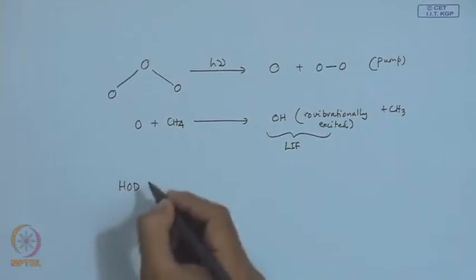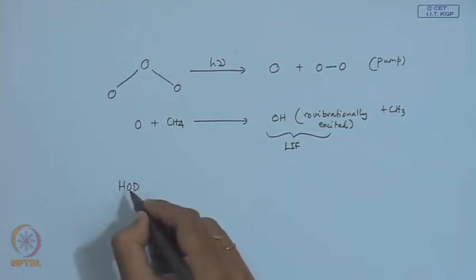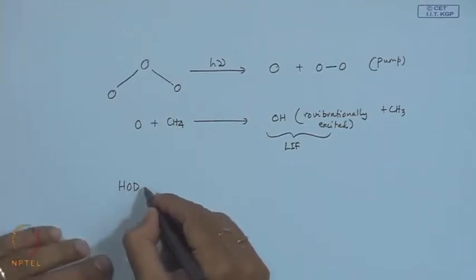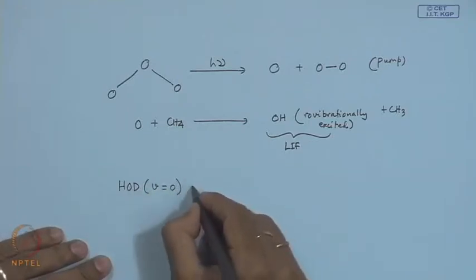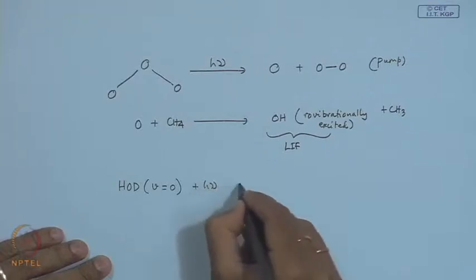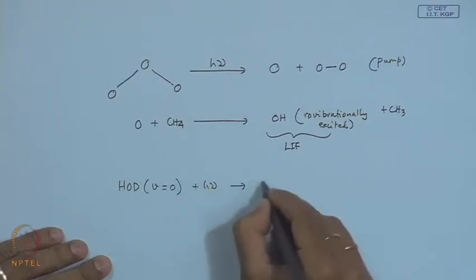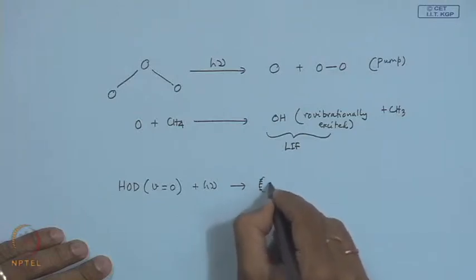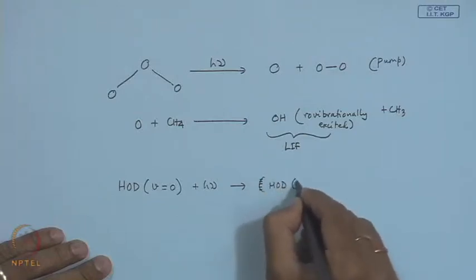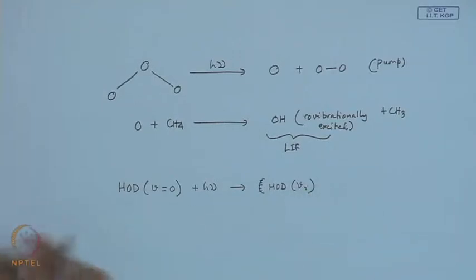As an example, let us take HOD, monodeuterated water, in the vibrationally lowest level, v equal to 0, plus h nu. You generate HOD in the ith vibrational level, which means it is vibrationally excited.